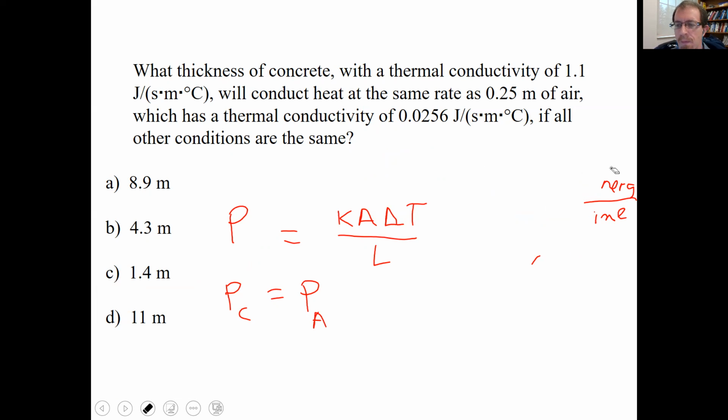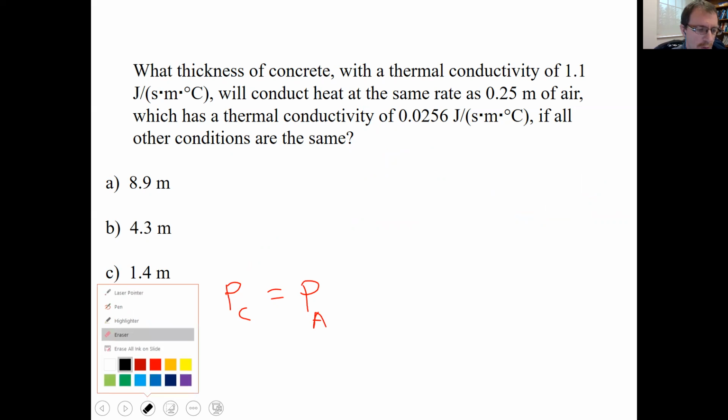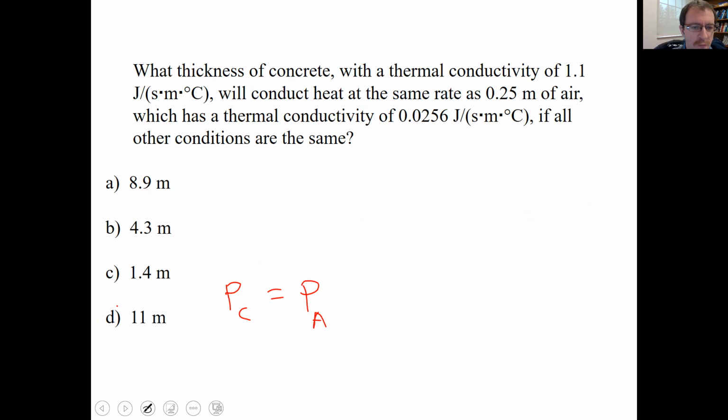All right, so we want those two powers to be equal to each other. So on the left-hand side we have k of concrete times area of concrete times delta T for the concrete divided by the length, the thickness of the concrete, equal to all of the same quantities for air.